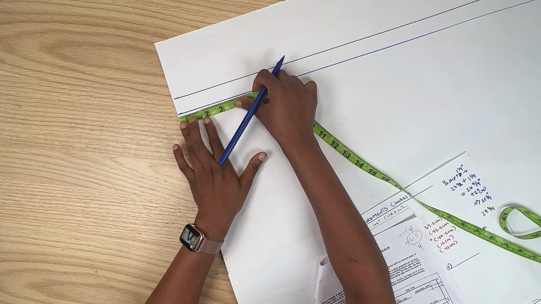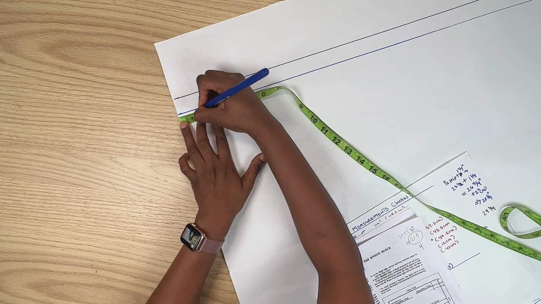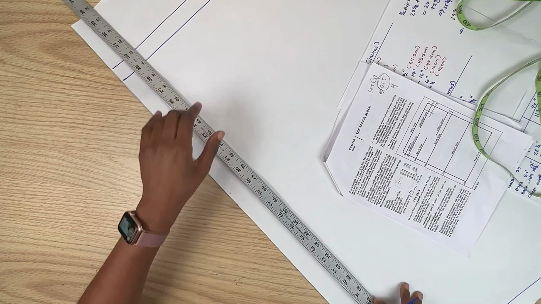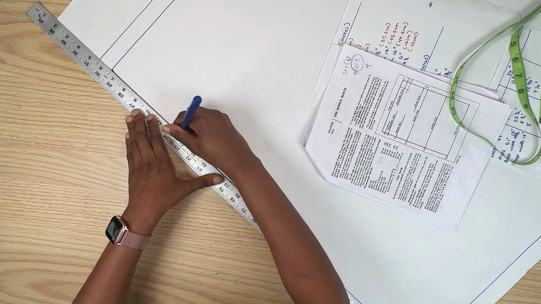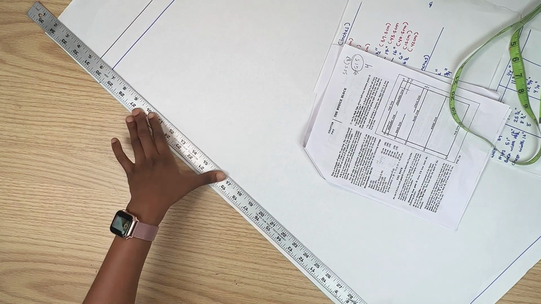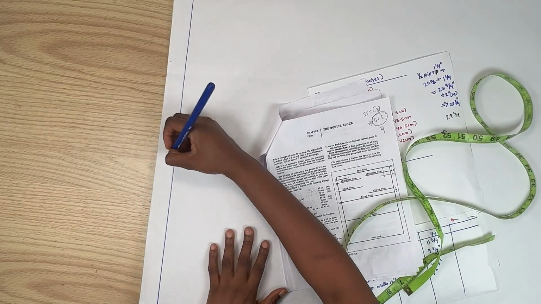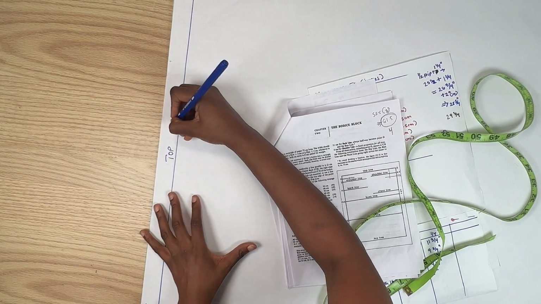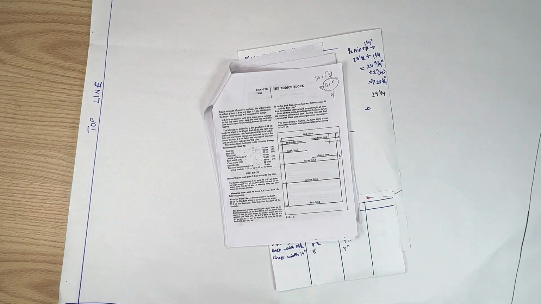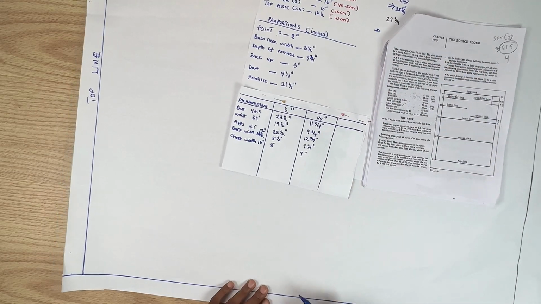And then do the same across the other end of the paper, right? And then just connect. So once we've done that, we're just going to call this top line.